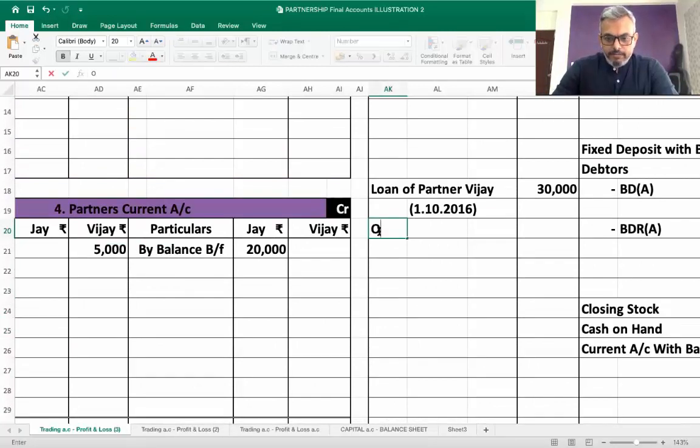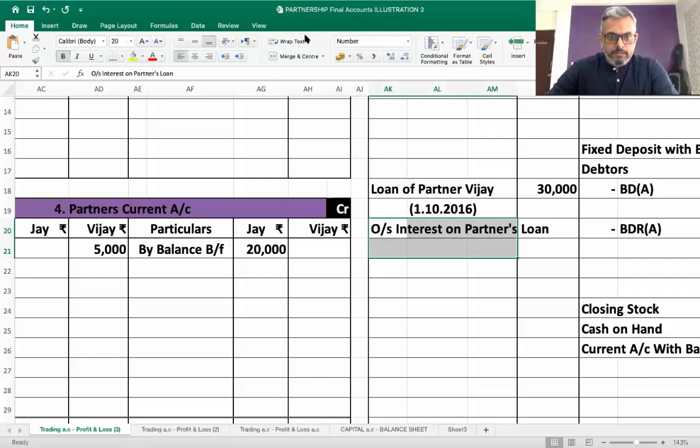Outstanding interest on partner loan. Amount is 900.